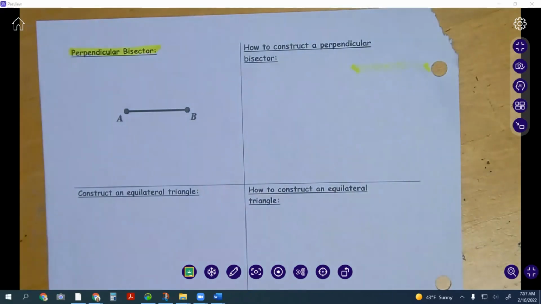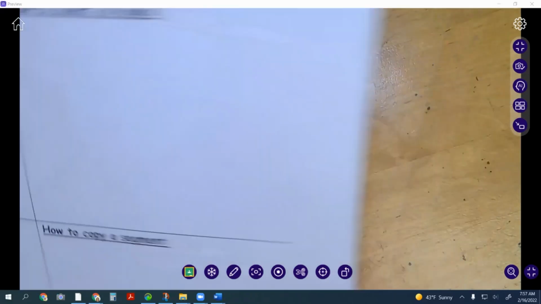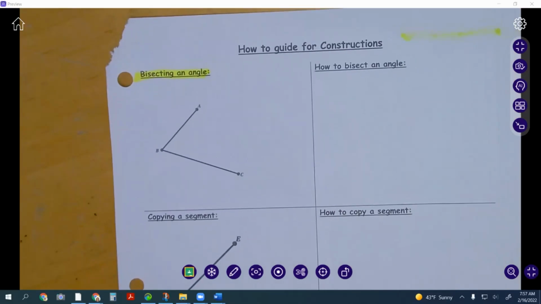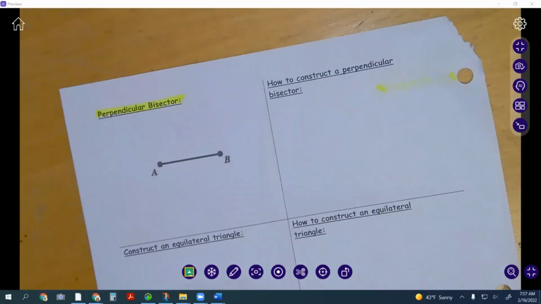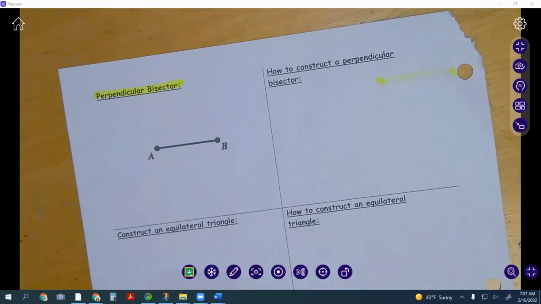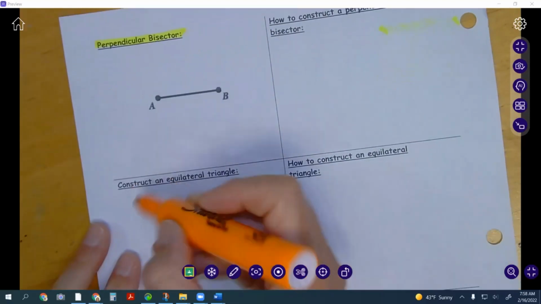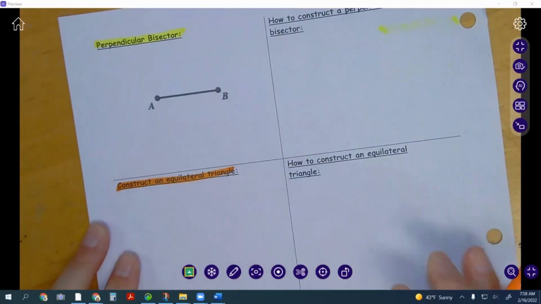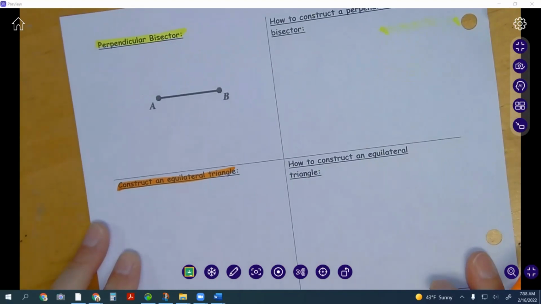Okay. So one more time. Bisecting an angle, perpendicular bisector. Now, you're going to have a choice of 3 different ones you can choose one of. And one of those that you could choose is an equilateral triangle. That's one of them.